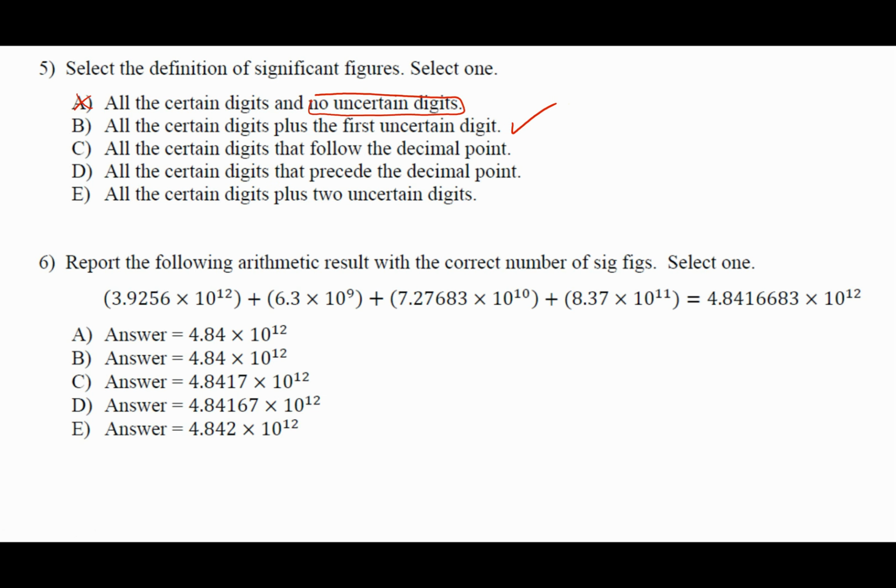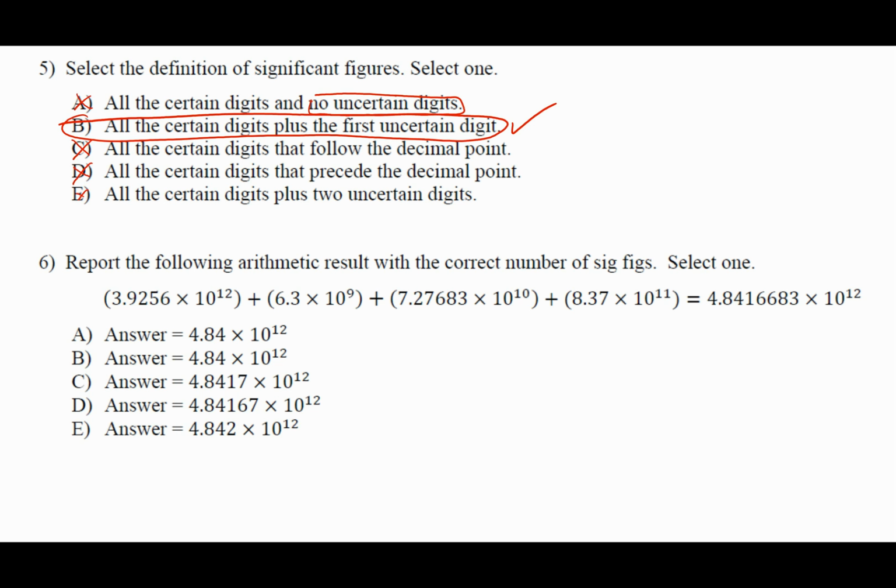All certain digits that follow the decimal point. Yeah, not true. It could be further out to the left. You have no idea. And is perfectly fine. All the certain digits that precede the decimal point. That's awful. I made that up. All the certain digits plus 2 uncertain digits. I made that up too, of course. So yeah, you'd probably recognize that one right off the bat anyway.